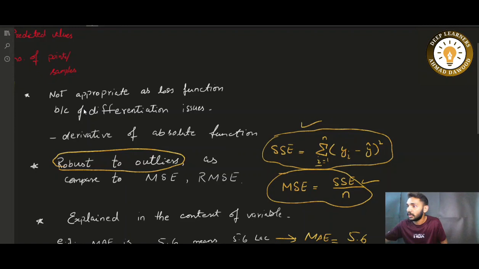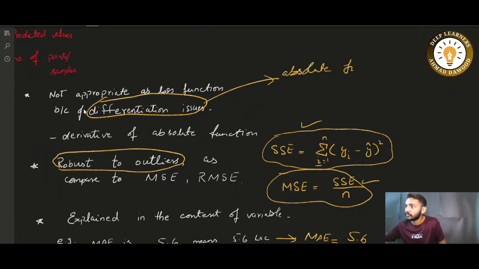As MAE has an absolute function, it is difficult to take a derivative of it. In the training process we have to take derivatives, but in the case of MAE we cannot do that. So that's why it's not appropriate as a loss function.